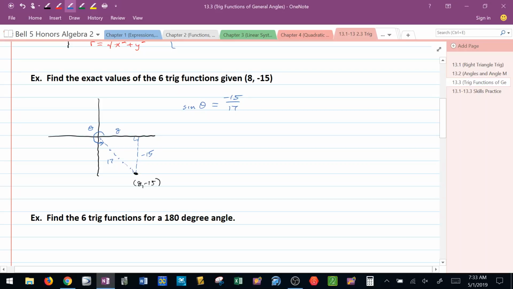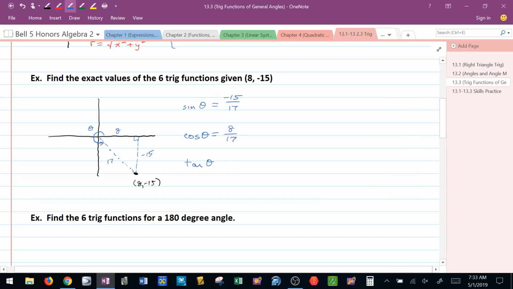Pretty easy. That's it. All right. I know that the cosine of theta, cosine goes with x, so I know that this is going to be 8 over 17. Again, that's it. All right. Tangent of theta.